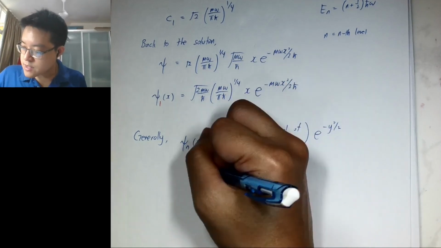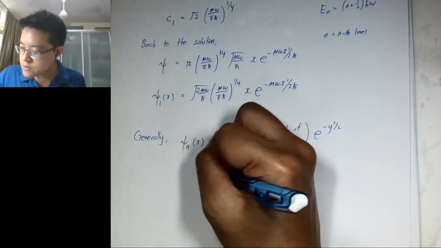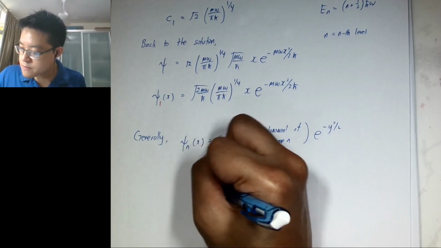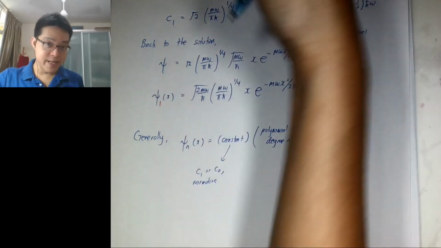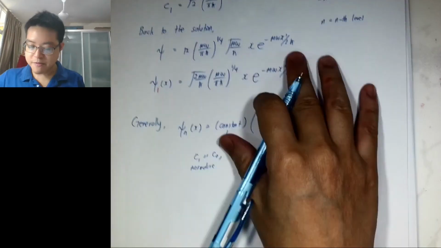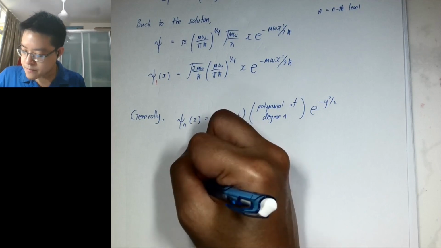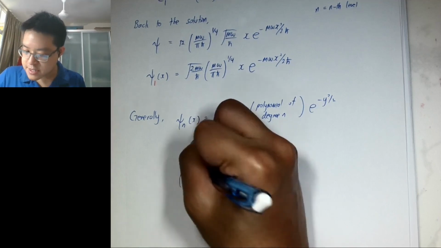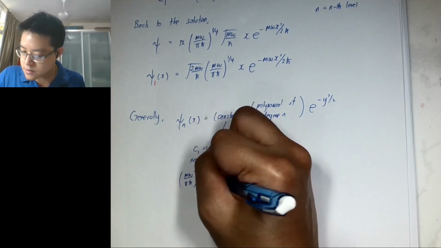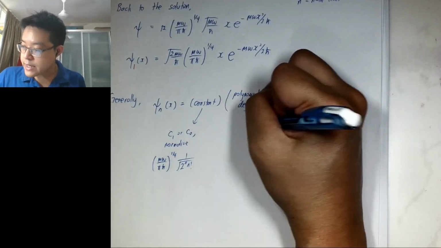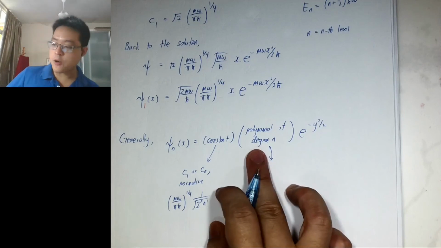So this constant will be like c1 or c0, and then we fix it by normalization, which is what we did in the previous two examples, right? And if you look up the solutions, there is a general expression for it, one over square root of 2^n n factorial. Inside here is a polynomial of degree n.